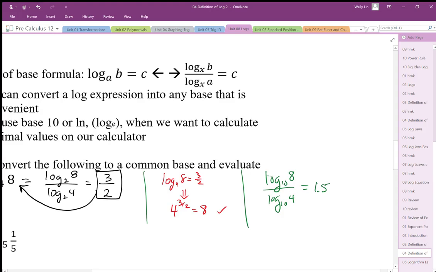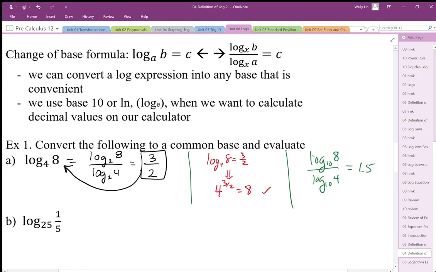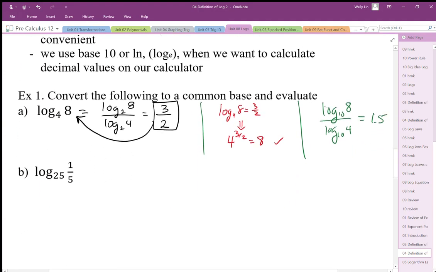So there are 3 different things here. We have the change of base formula applied with the common base 2. I just checked it here, and here I had the change of base formula with that base 10 that I can use on my calculator, and it gives me all the same results.